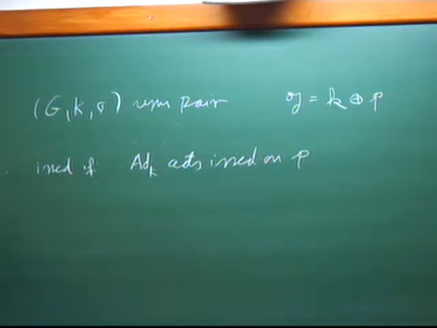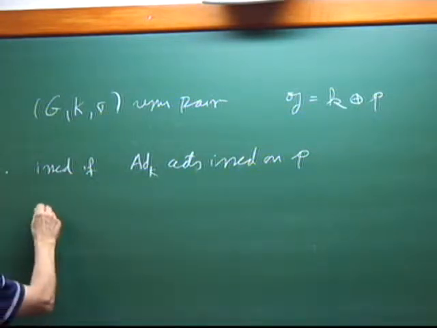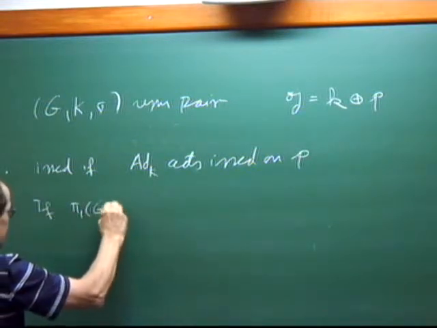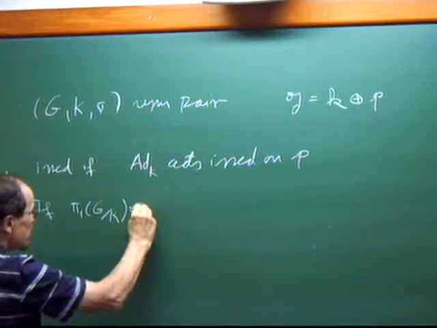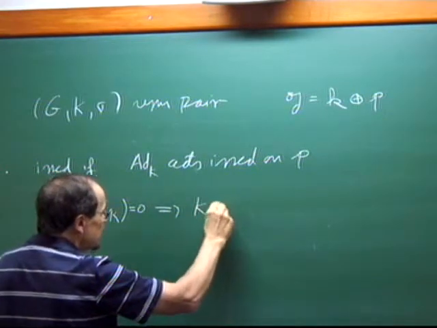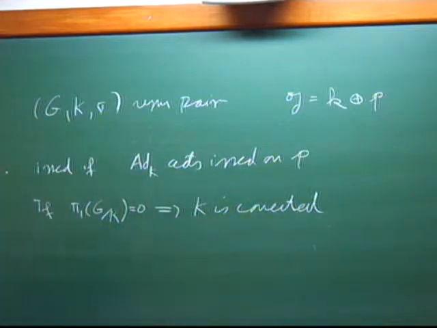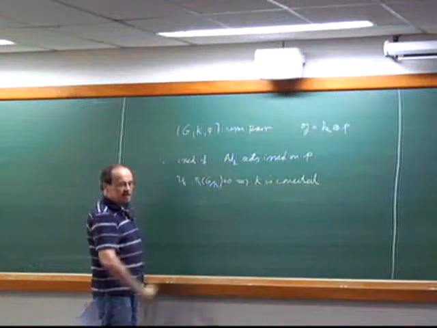That's the isotropy representation. There is an equivalent way of saying that for all practical purposes, namely a reminder that if pi 1 of G mod K is 0, this implies that K is connected. So since we always assume G is connected, if the space is simply connected, K is connected.